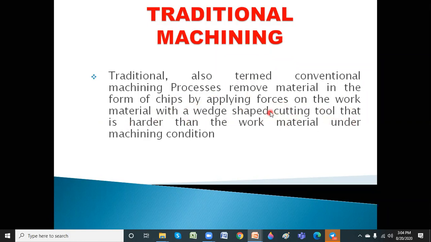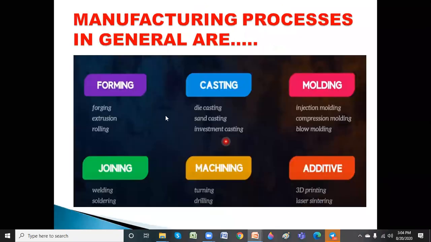Obviously, the cutting tool must be harder than the workpiece, or otherwise the workpiece will start cutting your cutting tool. So you have to use a wedge-shaped cutting tool that is harder than the work material under machining conditions. This is exactly what is meant by traditional machining processes.